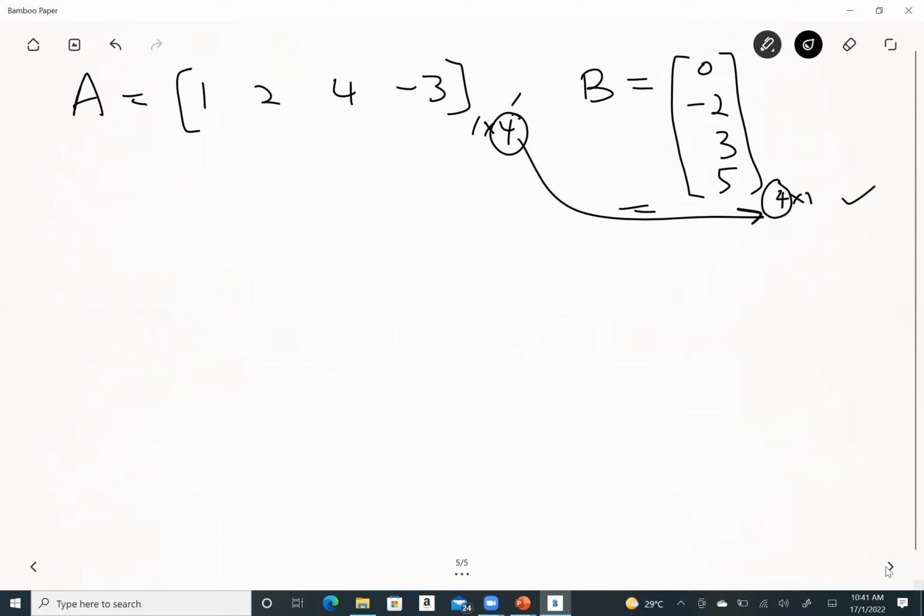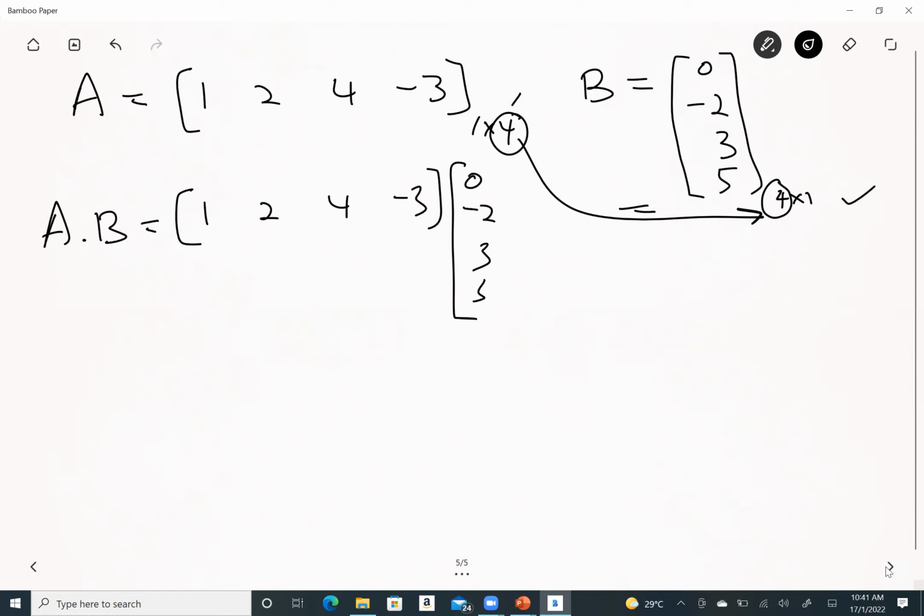All right. So how do you multiply? AB equal to 1, 2, 4, -3 multiplied with, you write down like this, 0, -2, 3, 5. Okay. So what is it equal to? You multiply corresponding elements and add them up.